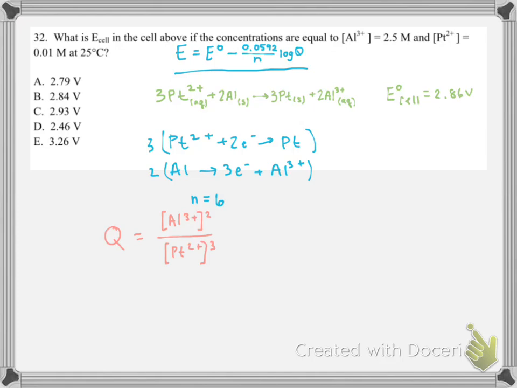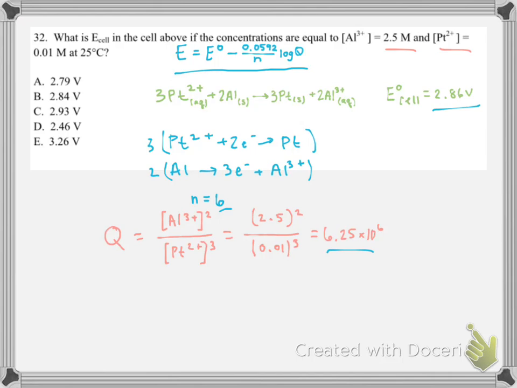And then we can plug in the concentrations that they give us from the prompt to solve for Q. So we'll have 2.5 squared over 0.01 cubed. We see that our Q then is 6.25 times 10 to the 6th. Okay, so now we can take our E naught cell, our n, and our Q, and plug into that equation on the top.